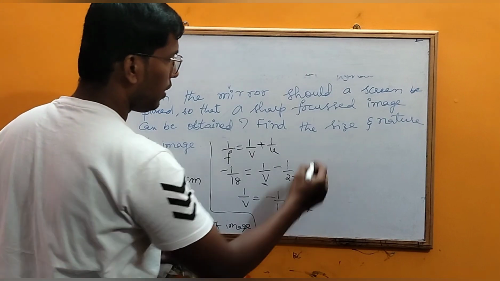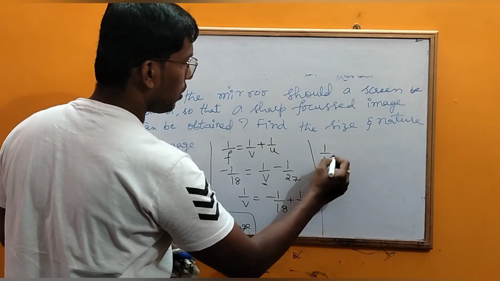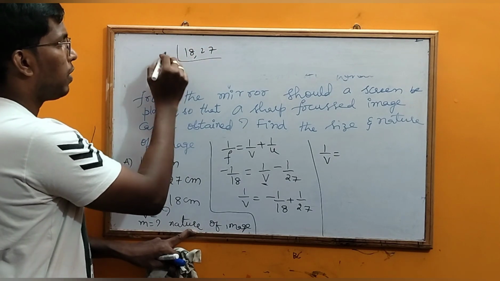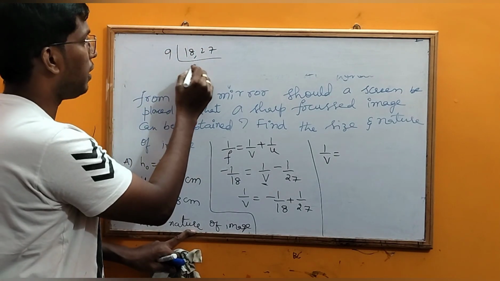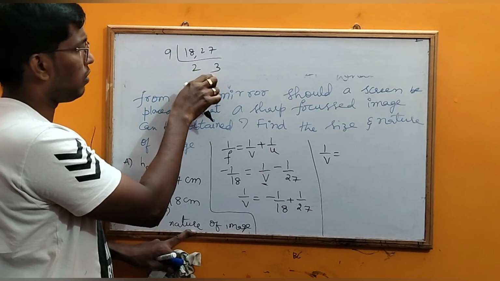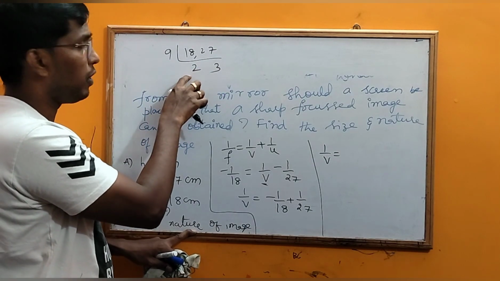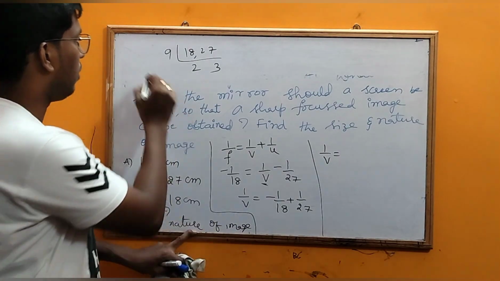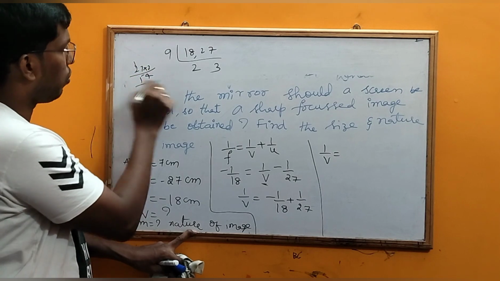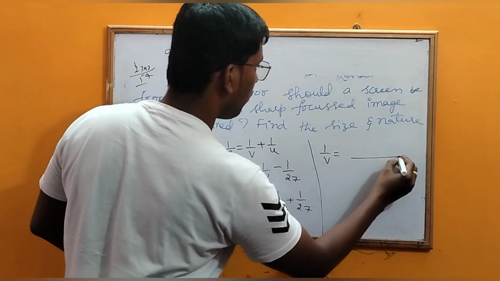Now take the LCM. 1 by v is equal to, LCM of 18 and 27: 9 ones are 9, 9 twos are 18, 9 threes are 27, 27 twos are 54. So write 54 here.